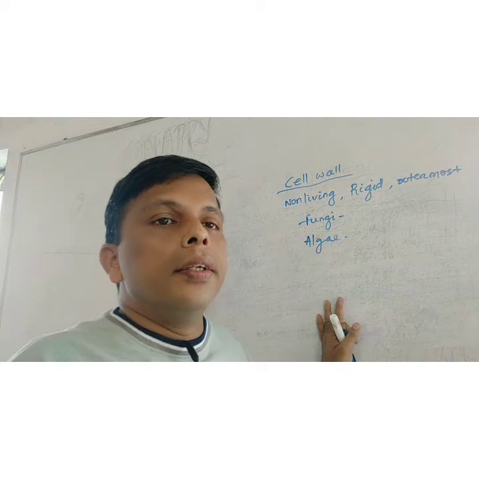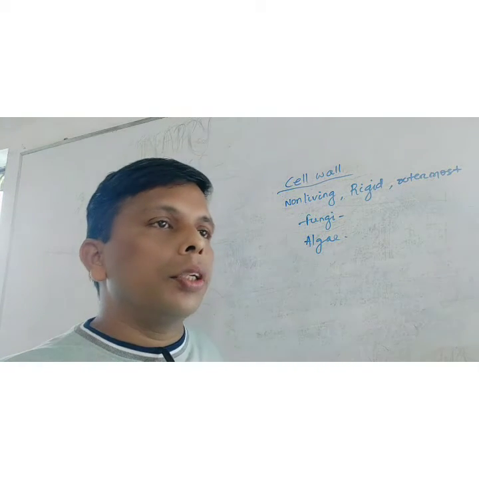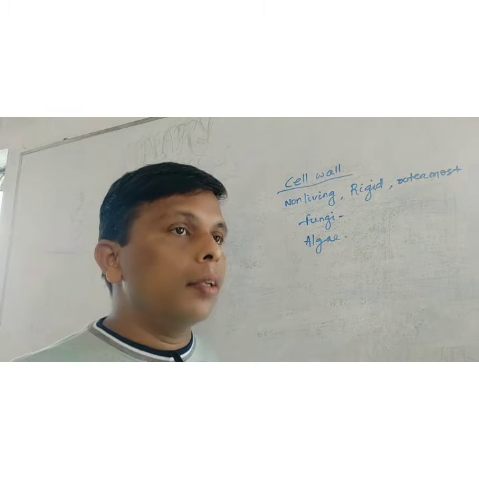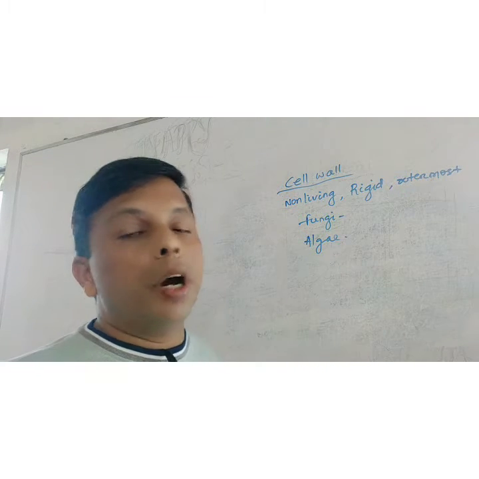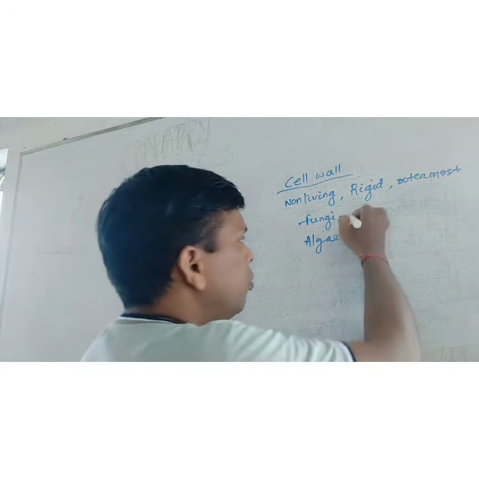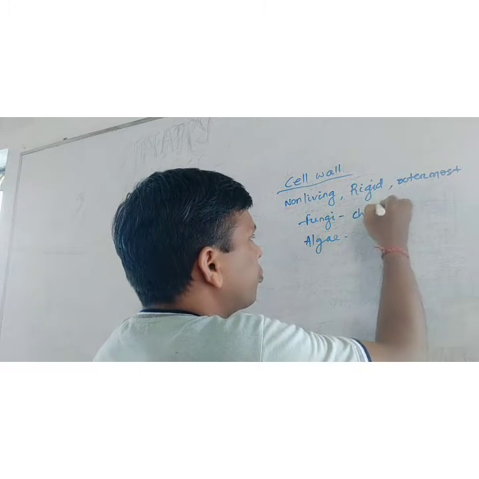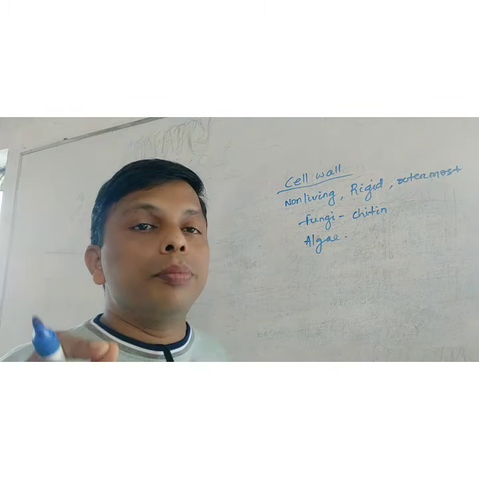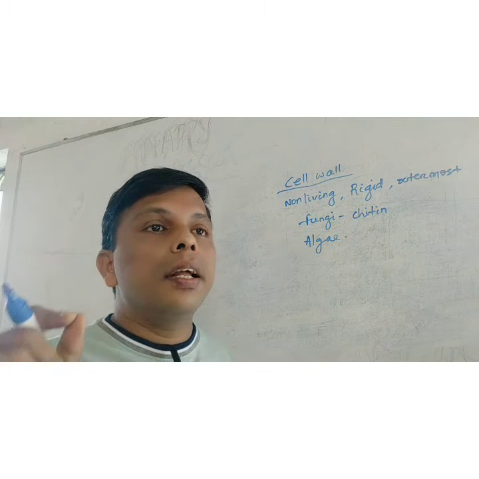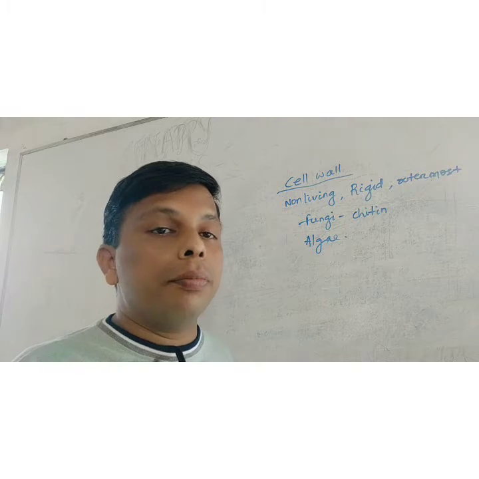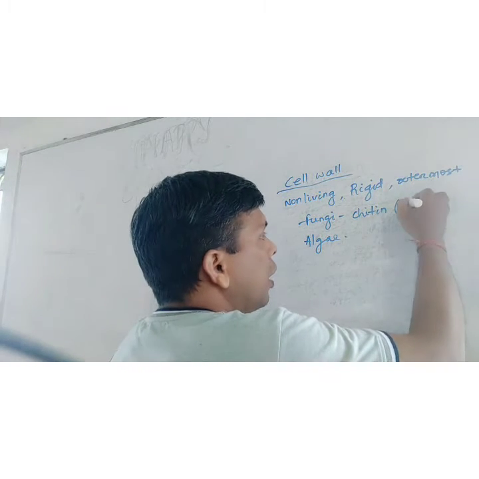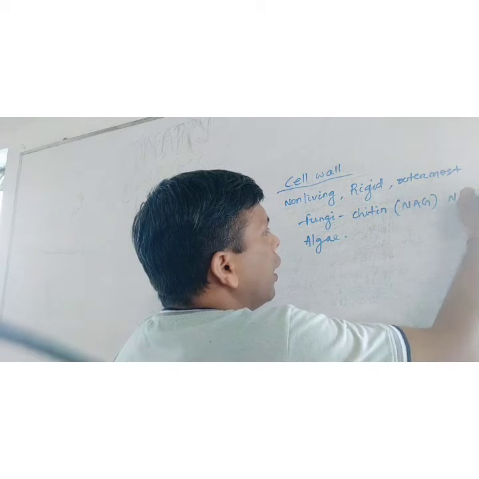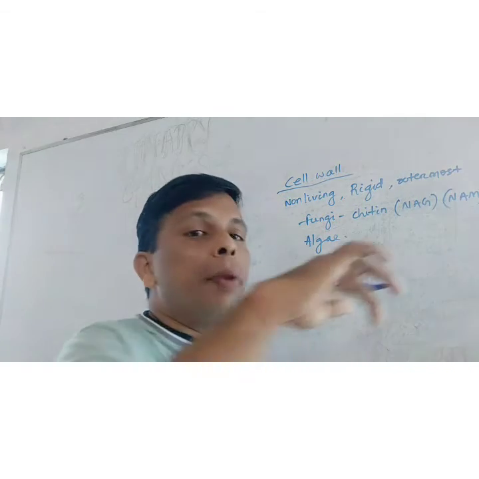If we consider the case of the fungal cell wall, it is formed of chitin, and basically the composition is NAG and NAM: N-acetyl glucosamine and N-acetyl muramic acid.